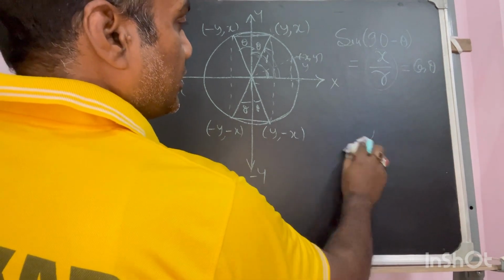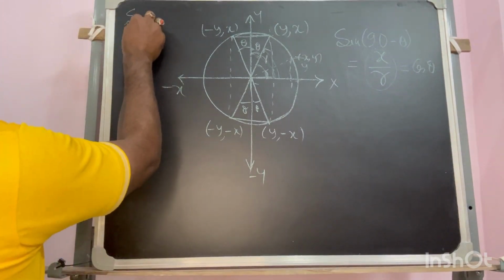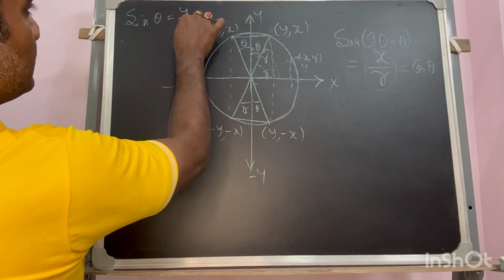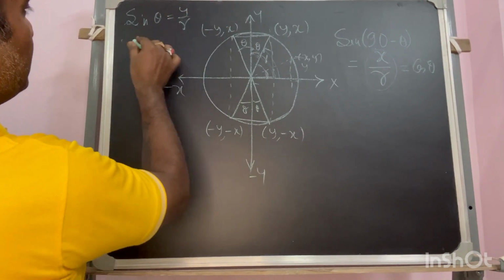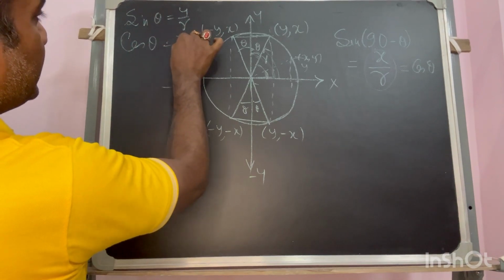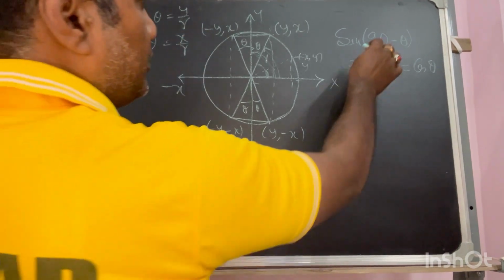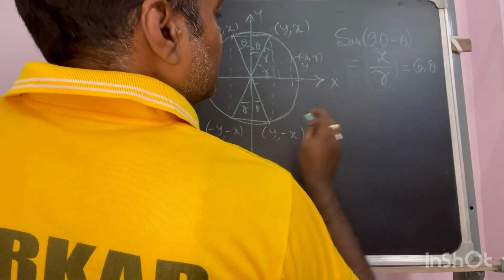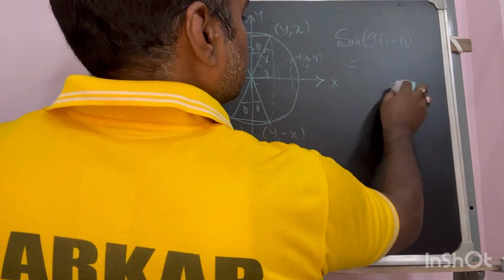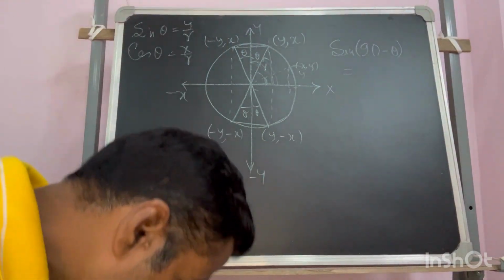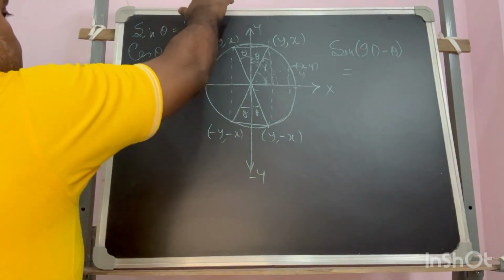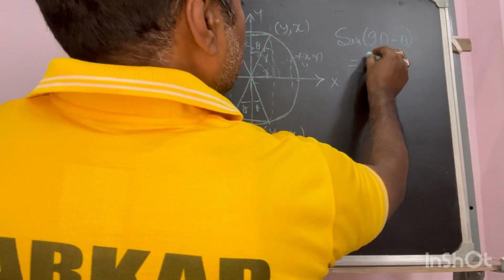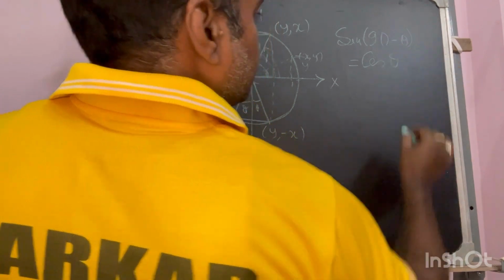Understood? Earlier the ratios were, for the first coordinate, sine of theta is equal to y by r, I am writing here to remember that, and cos of theta was x by r. But here x by r gives sine 90 minus theta, that is equal to cos theta. So we can directly write sine 90 minus theta is equal to cos theta.